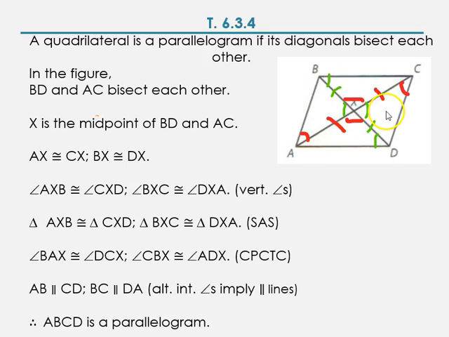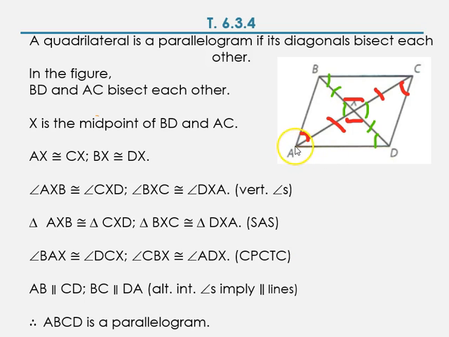Now we have all of these segments congruent. We proved two triangles are congruent by side angle side. We can now state that line AB is parallel to line CD. Line BC is parallel to line DA by alternate interior angles.